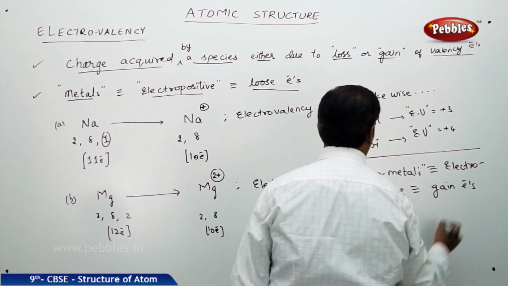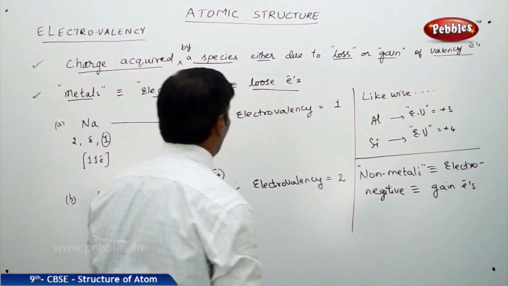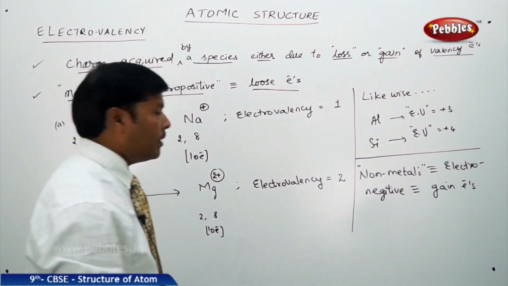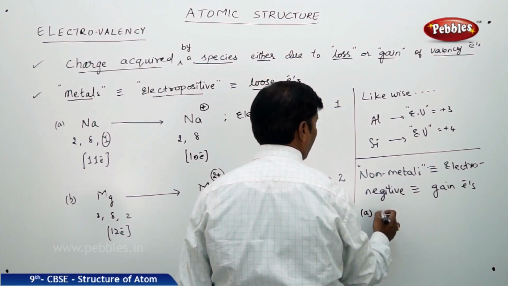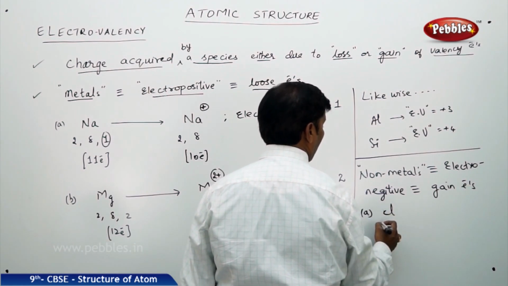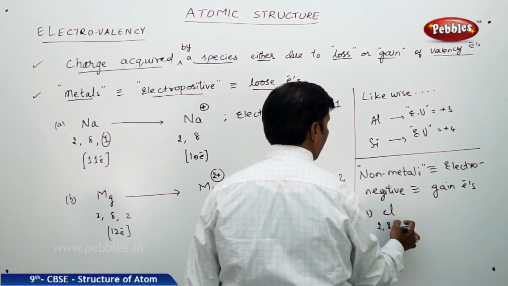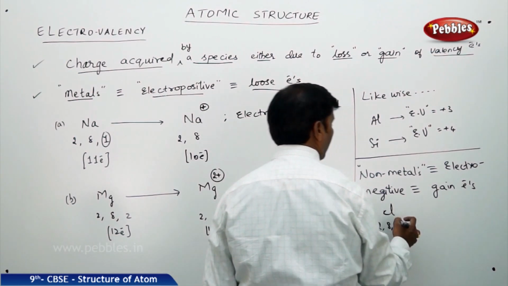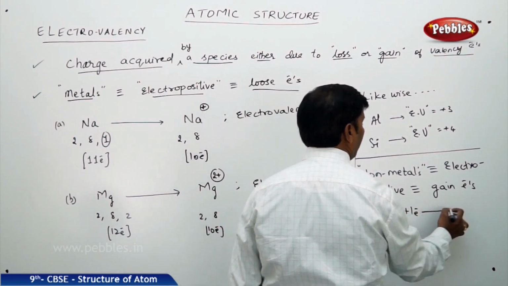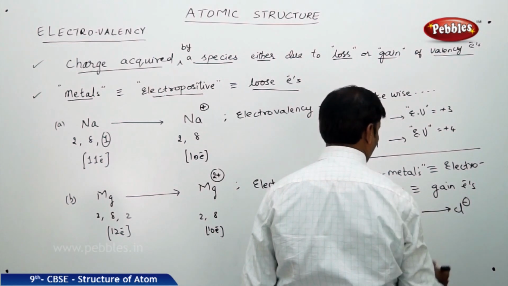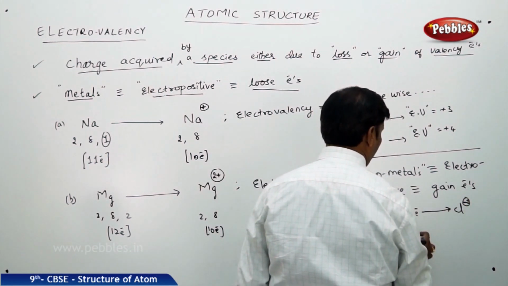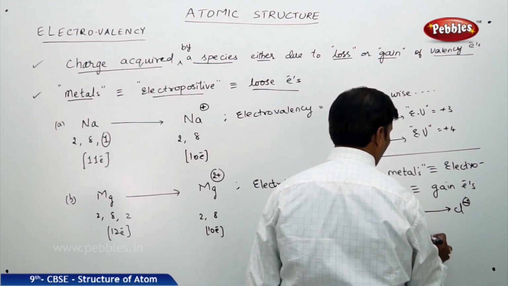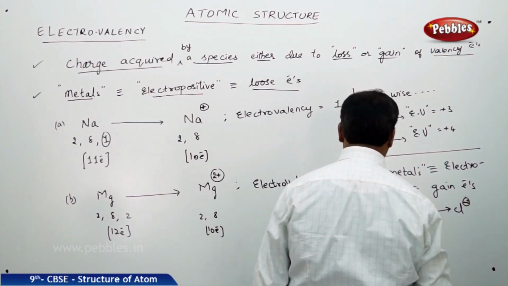If they gain electrons, then their electrovalency is negative. For example, take chlorine. Chlorine is a non-metal with 2, 8, 7. It has 7 valence electrons, so it gains 1 electron and forms Cl minus. So the electrovalency of chlorine is 1. Of course it carries a negative charge, but the magnitude is 1.